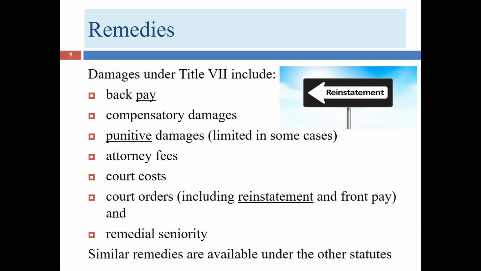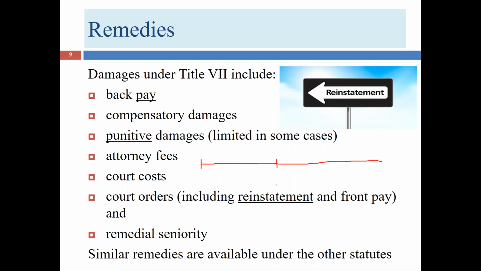The first is back pay. Let's think about this in a timeline sense. A bad event happens in somebody's life on this date. A person can file a charge of discrimination immediately, but they have up to 300 days to file.